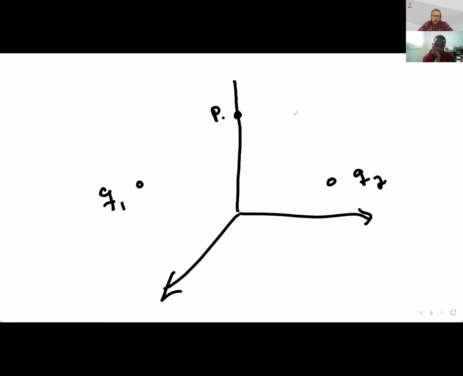If these are positive charges, the field will point away. Let's say the field is here.